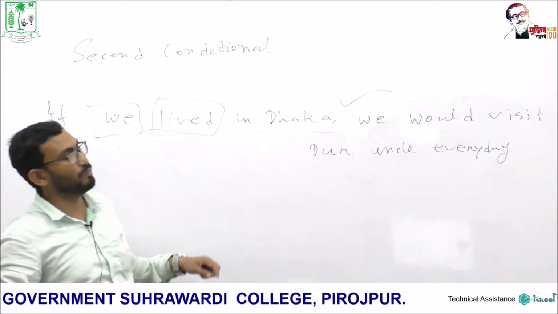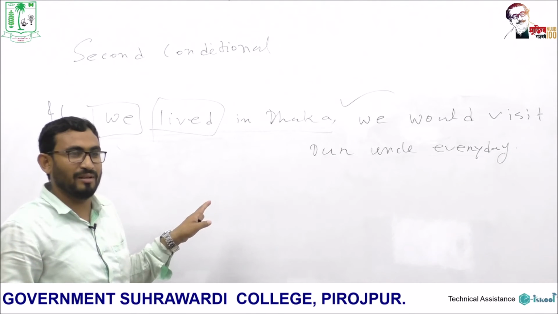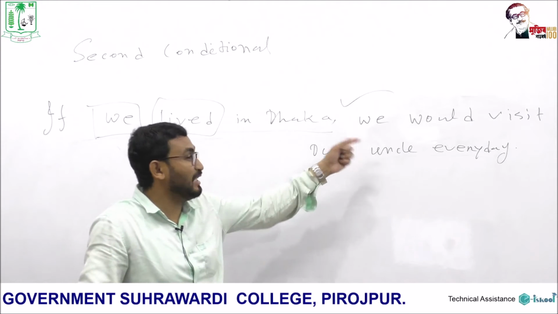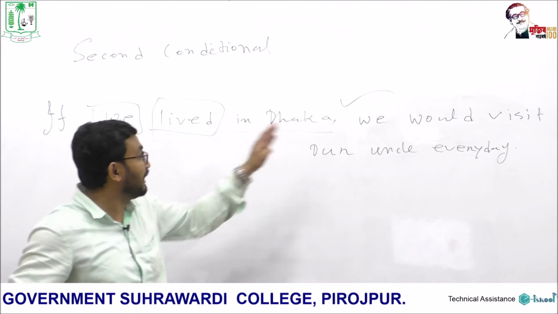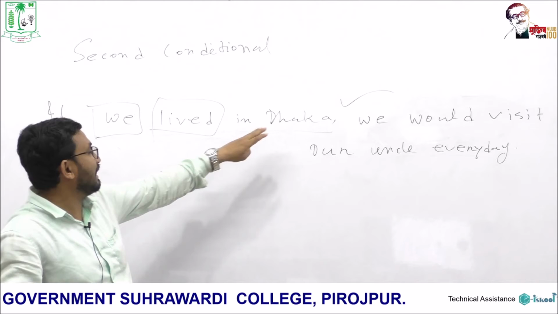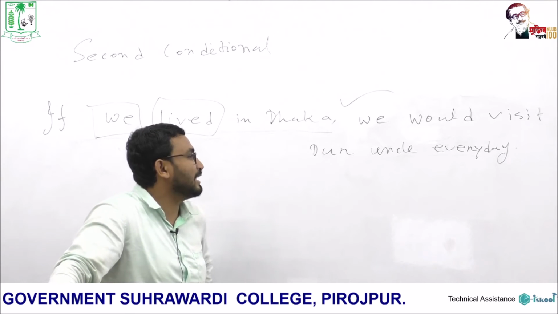This sentence has been completed by Mamun, for example, because Mamun knows that his uncle lives in Dhaka. So he can complete it in this way: if we lived in Dhaka, we would visit our uncle every day.